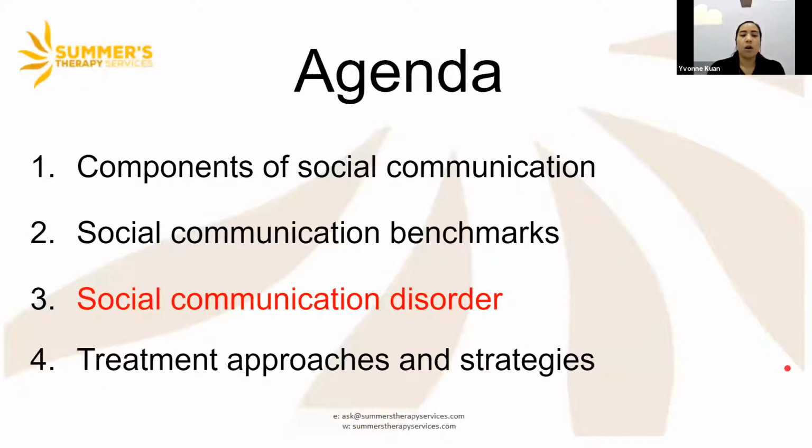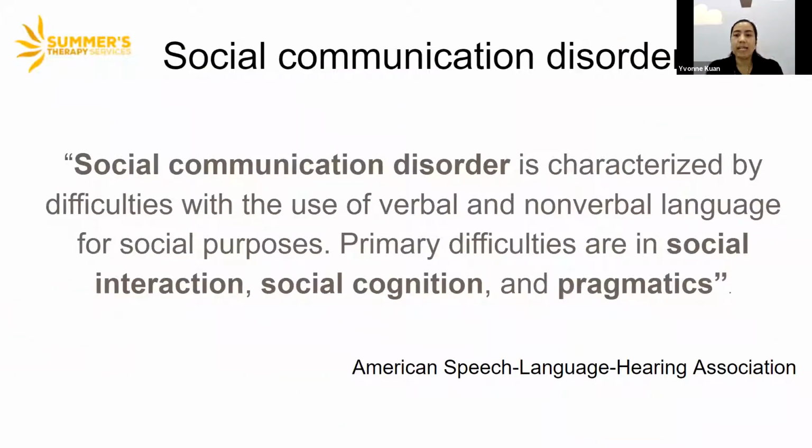Okay, next on the agenda, we will be talking about social communication disorder as a diagnosis on its own. So yes, it is a diagnosis on its own, and social communication disorder is characterized by difficulties with the use of verbal and non-verbal language for social purposes. Primary difficulties are in social interaction.